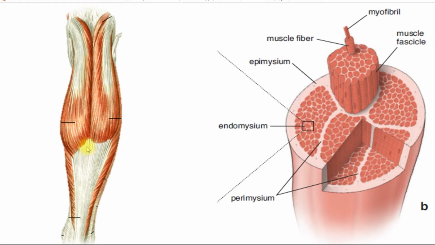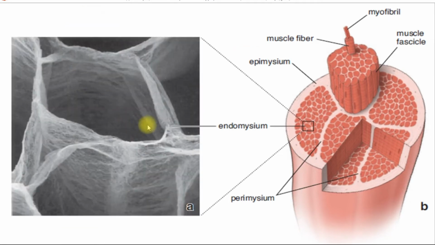Here we can see regions of dense connective tissue, white regions. Here you can see endomysium, very thin layers inside the muscle bundles, and bigger layers are perimysium, and the entire muscle is covered with epimysium, and epimysium is covered with fascia.